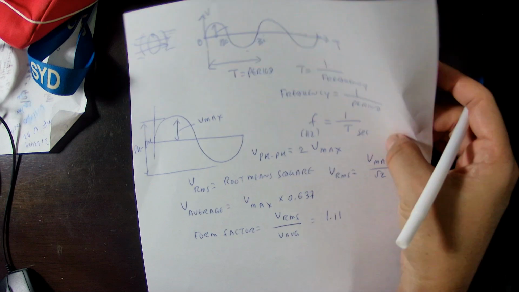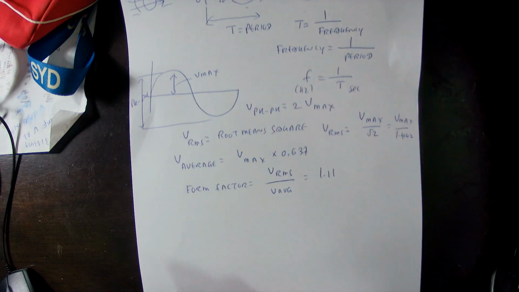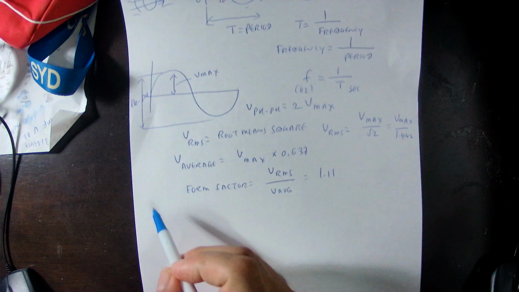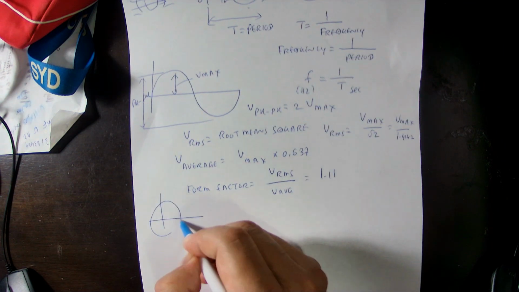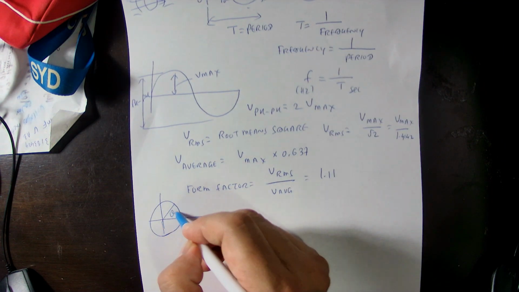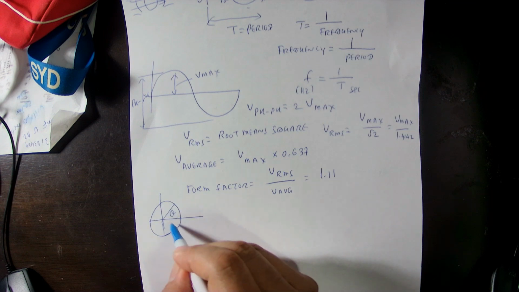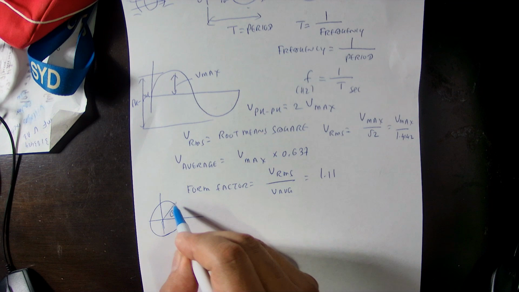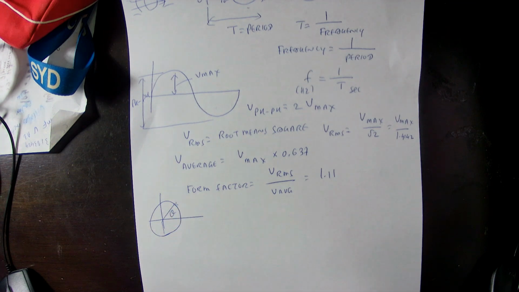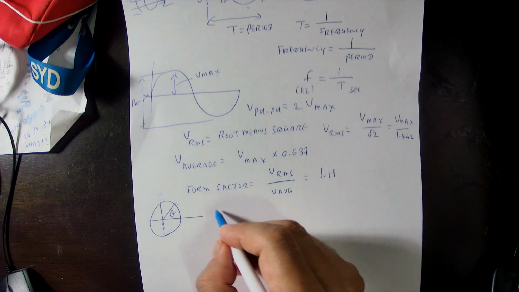When the generator is rotating, this angle is theta, so it is rotating at the phase angle theta. At a certain time, we can also calculate the value. We call this the V instantaneous value.